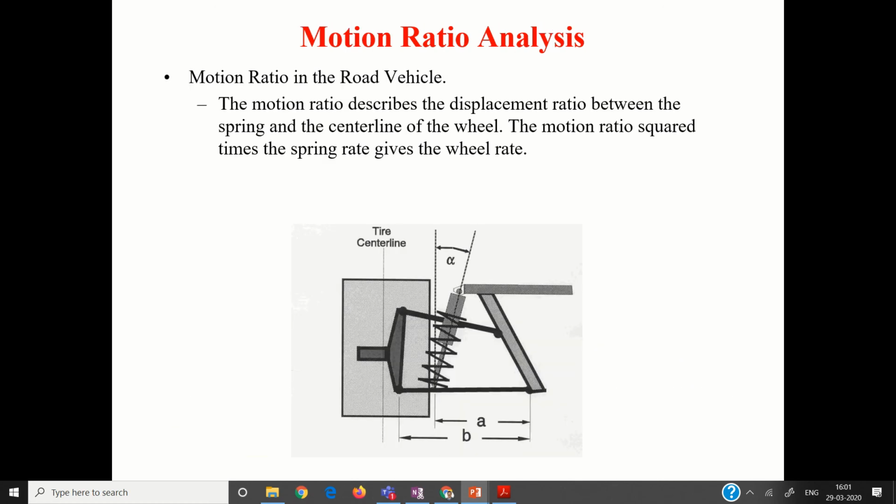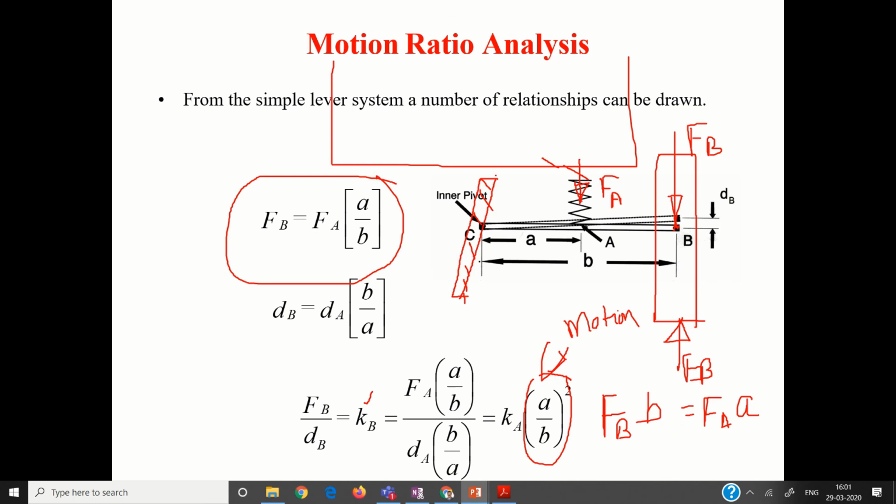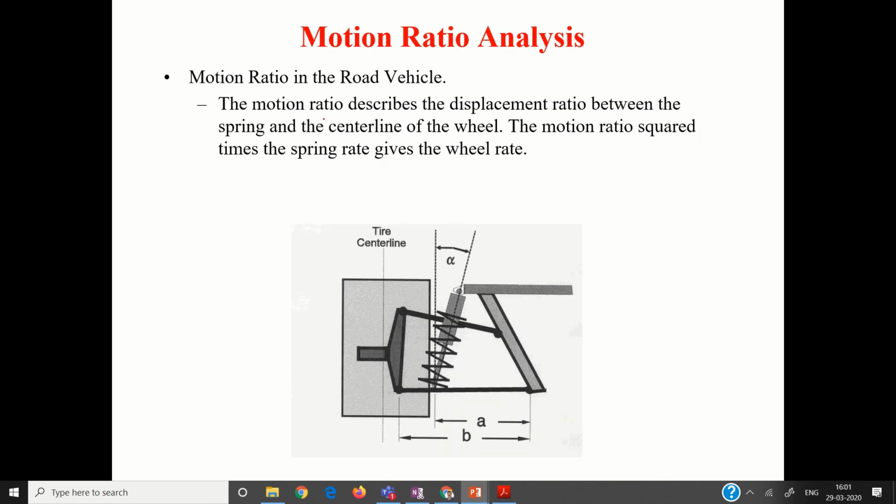The motion ratio describes the displacement ratio between the spring and the center line of the wheel.